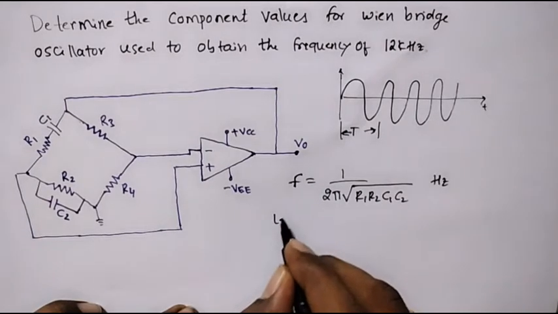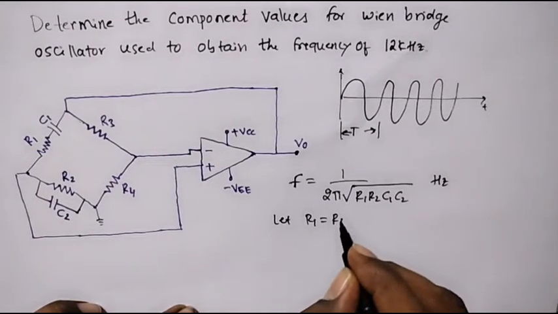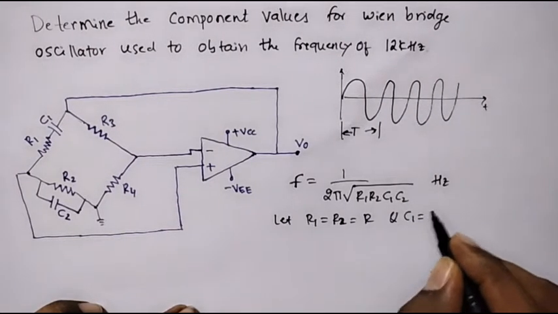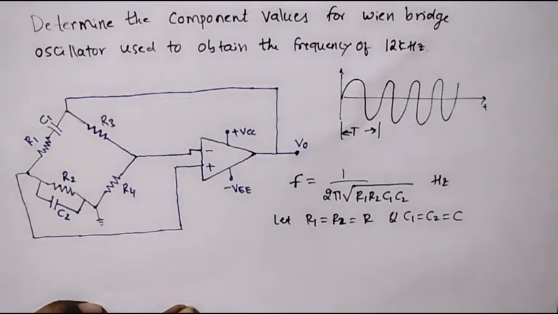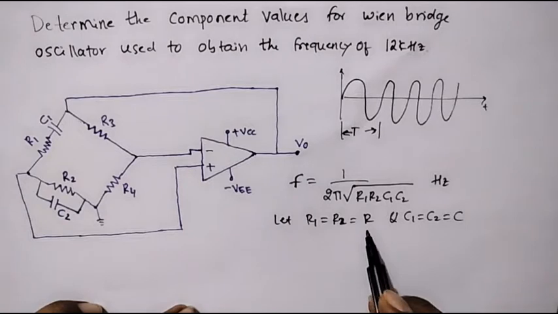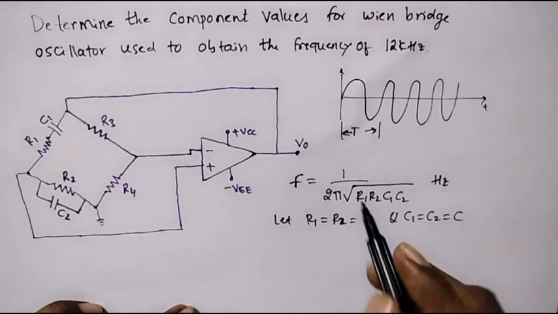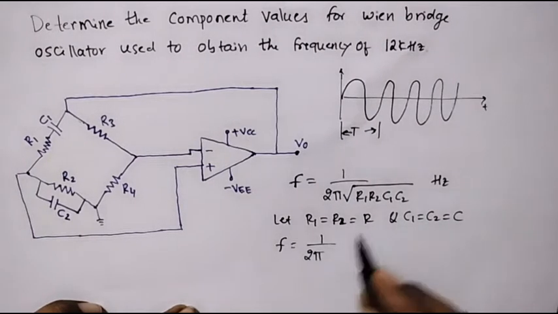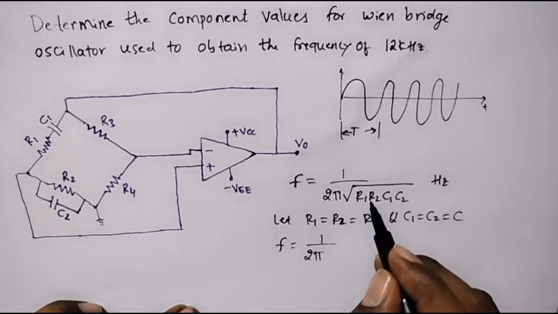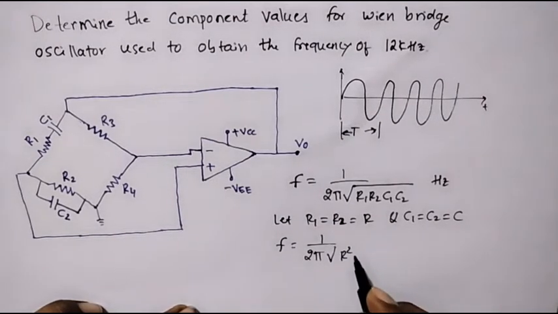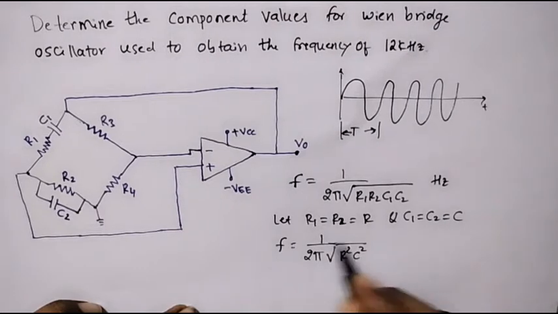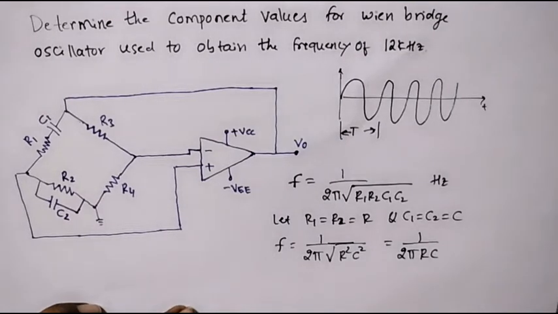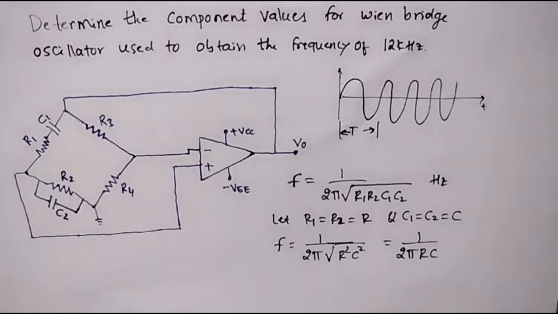Let's assume R1 is equal to R2 is equal to R and C1 is equal to C2 is equal to C. So the f equation can be rewritten as 1 over 2 pi under root R square C square, which can be written as 1 over 2 pi R C. So this is the frequency of oscillation of Wien-Bridge oscillator.